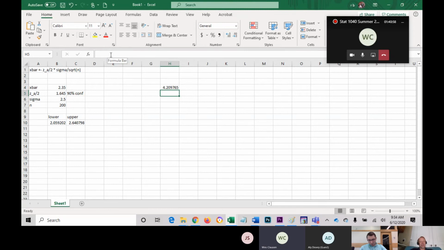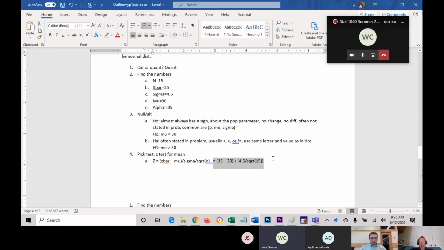Oh, that's interesting. Okay, so we got a z-score equal to 4.21, if I round that to 2 decimals. Now, this was unfortunately lucky. How's that for a phrase?